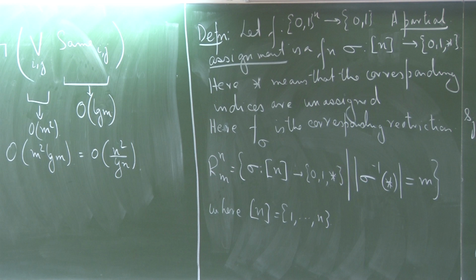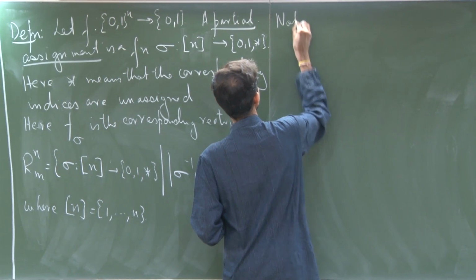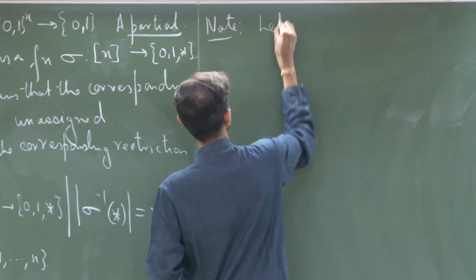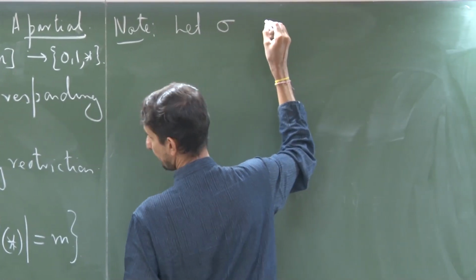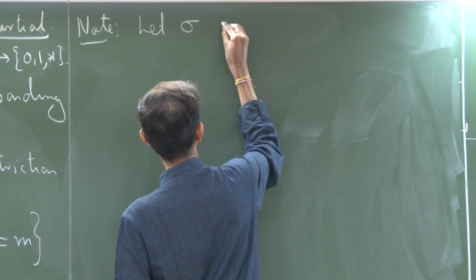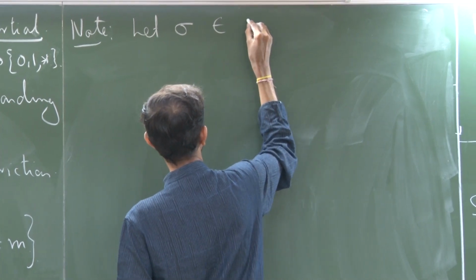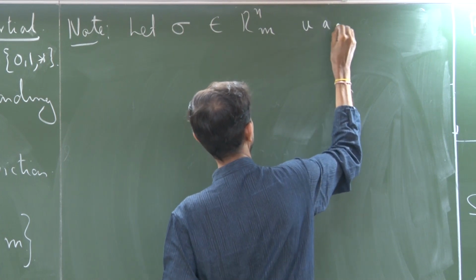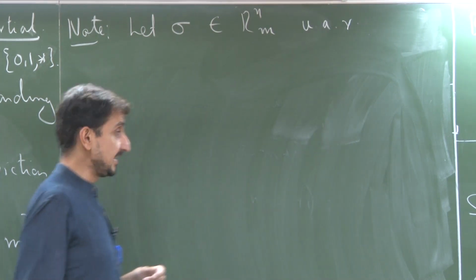So now, what else do I need? If we choose a sigma uniformly at random, let sigma be chosen from R_m uniformly at random.